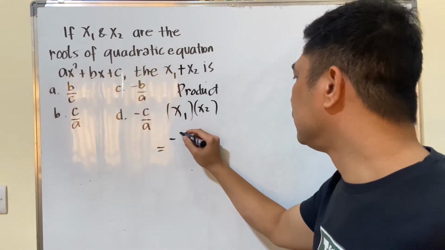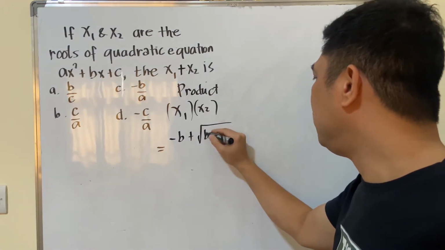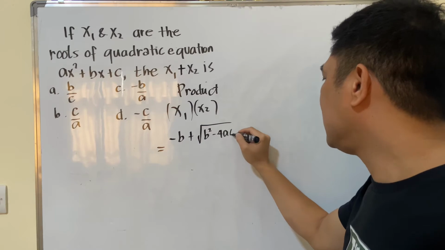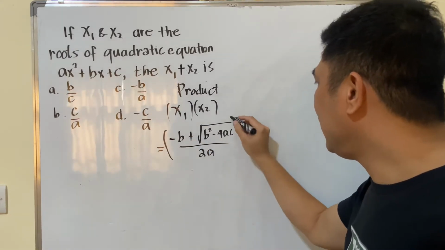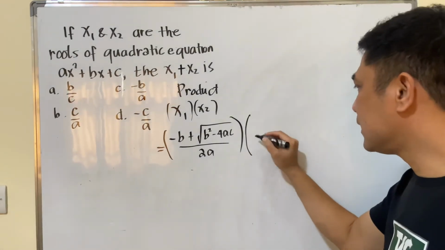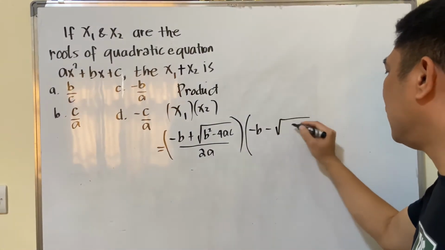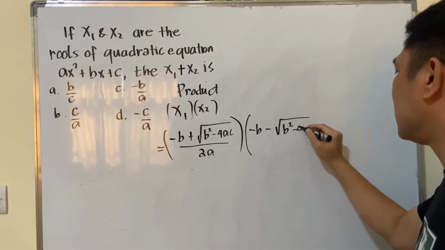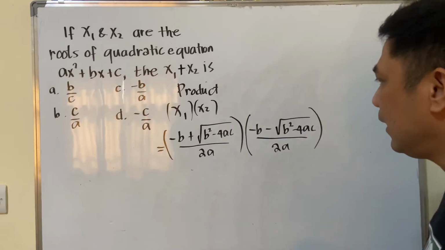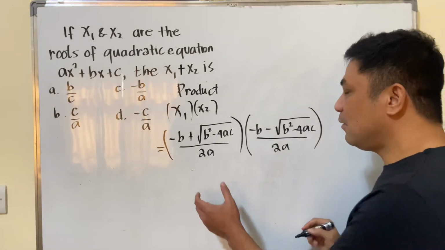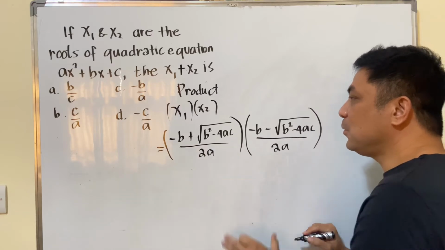So same approach. So the first root is what? Negative b plus the square root of b squared minus 4ac over 2a. This will be multiplied by your second root, which is negative b minus the square root of b squared minus 4ac over 2a. Okay? So as you will observe here, this is actually the sum and difference of two terms.